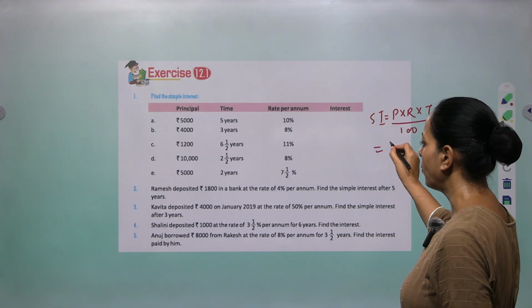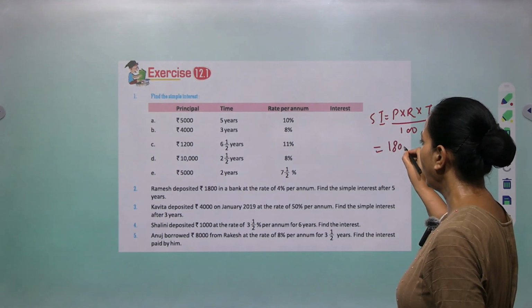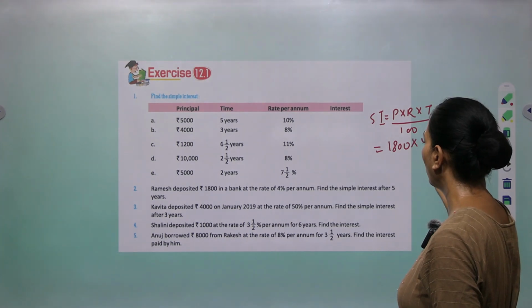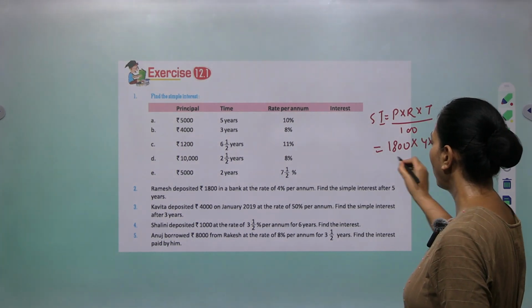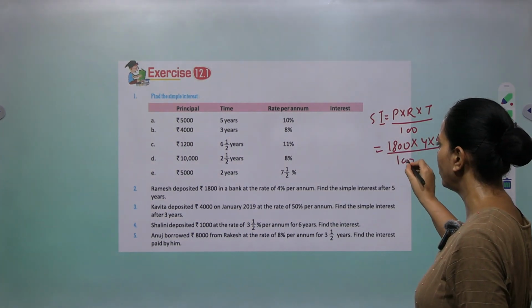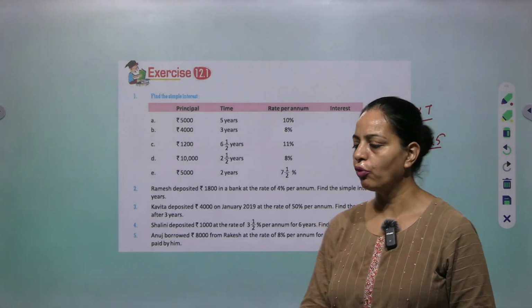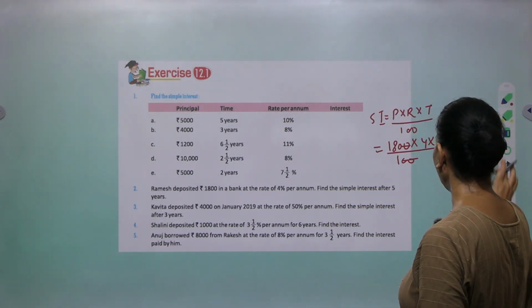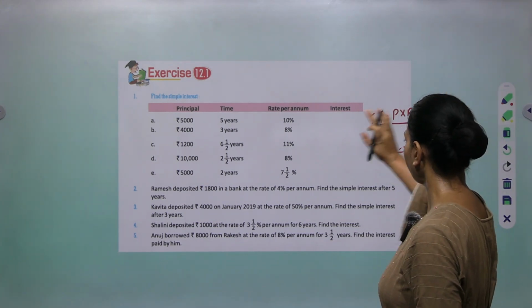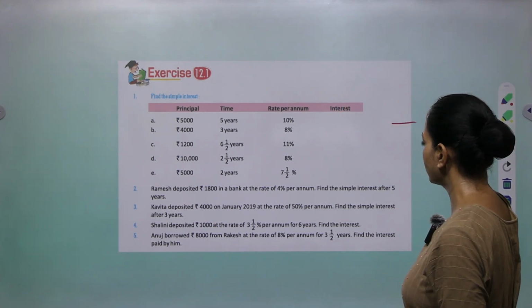P is 1,800, R is 4, time is 5, upon 100. We can cut these two zeros and then calculate the value, right? Like this you can try other questions. It's very easy and interesting.